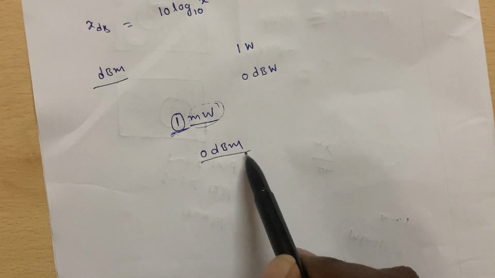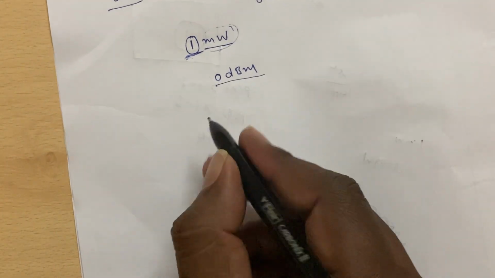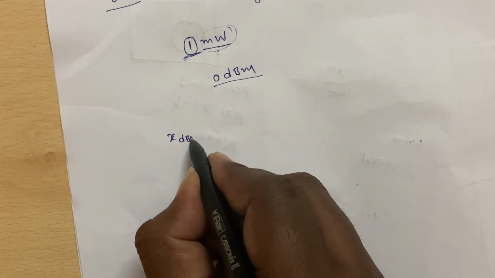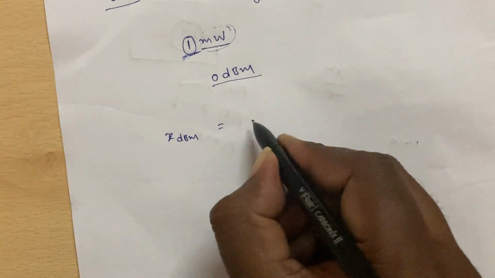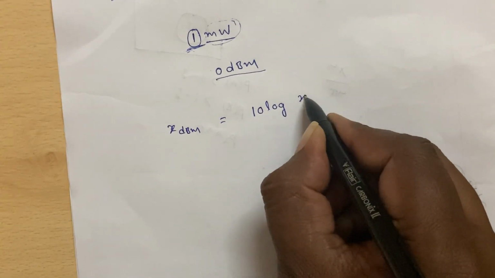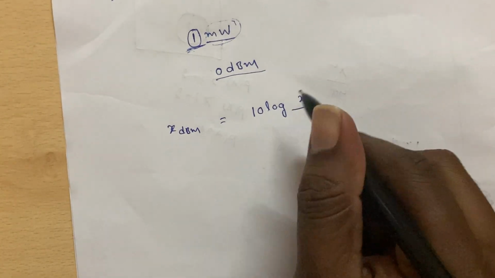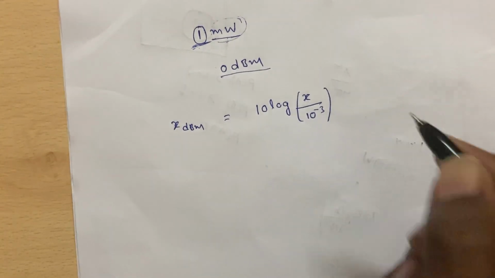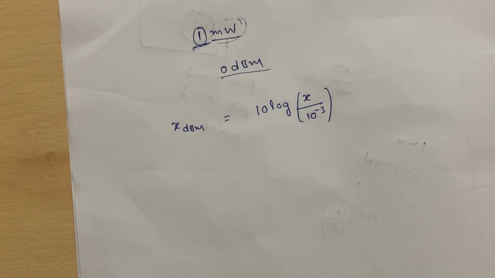That is 0 dBm. In a generalized way, how do you find the x value in dBm? dBm is equal to 10 log x by 10 power minus 3.